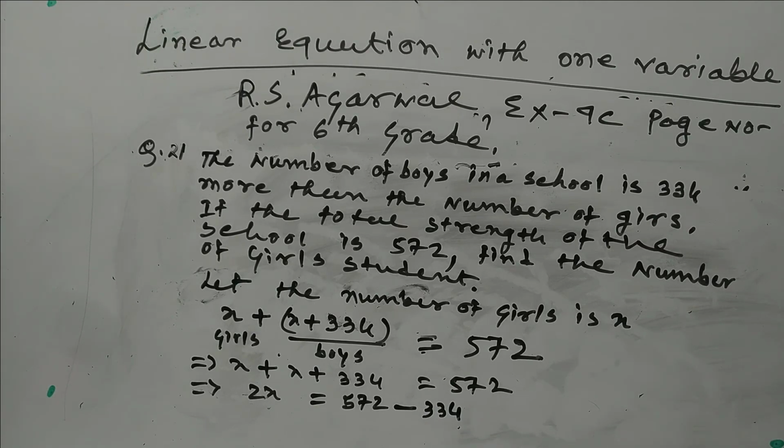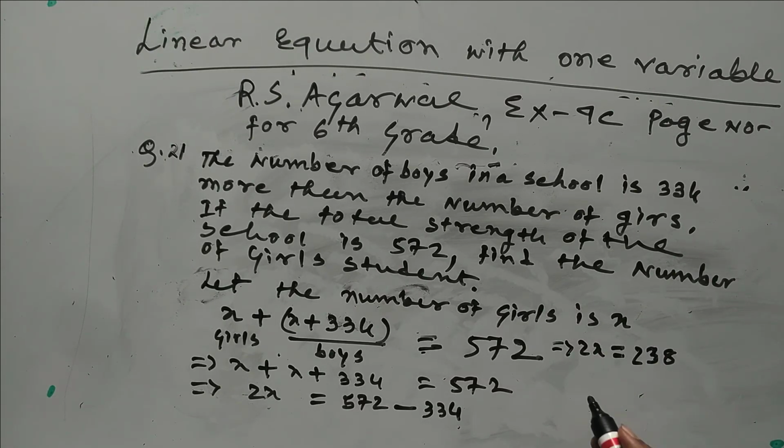So 2x equals 572 minus 334, that is 238.